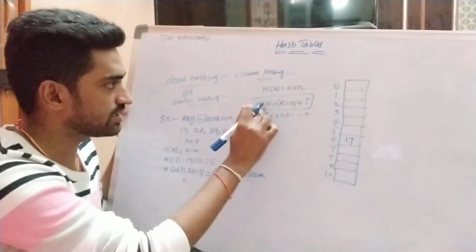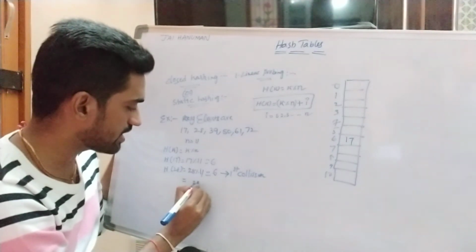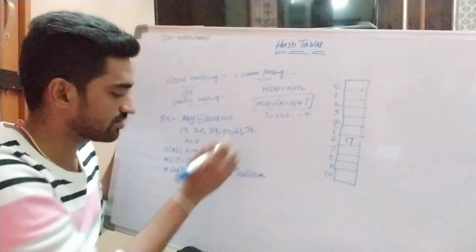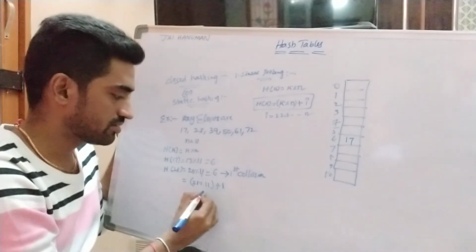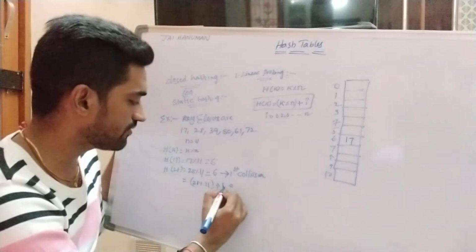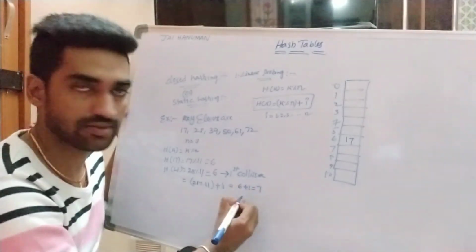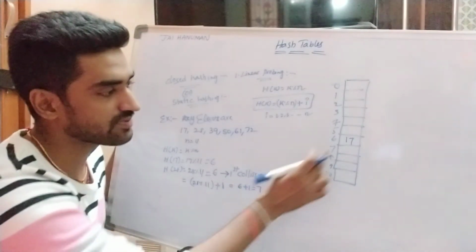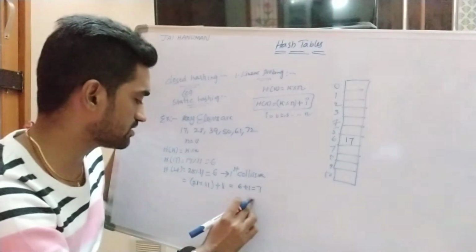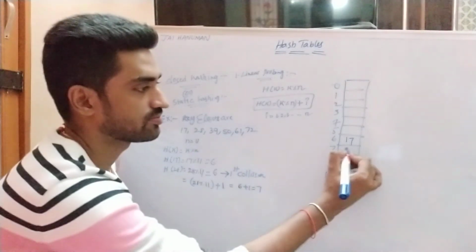H of 28 is equal to k modulo division of n, 28 modulo division of 11. The i value starts from 1, so here I am taking 1. So 28 modulo division of 11 is 6 plus 1, which is equivalent to 7. The 7th position is a vacant position, there is no element. So directly we are inserting the 28 element at 7th position.